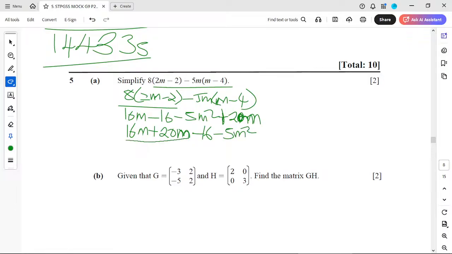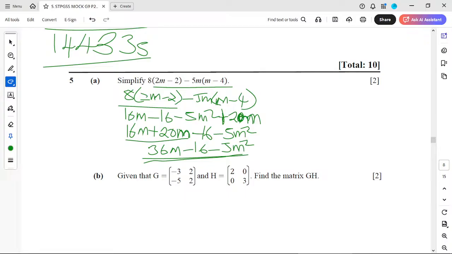We've already got this, which is going to give us 16m, then minus 16, then minus 5m squared. Okay, now like this, we have evaluated the entire expression completely. That's how you evaluate the entire expression like that.